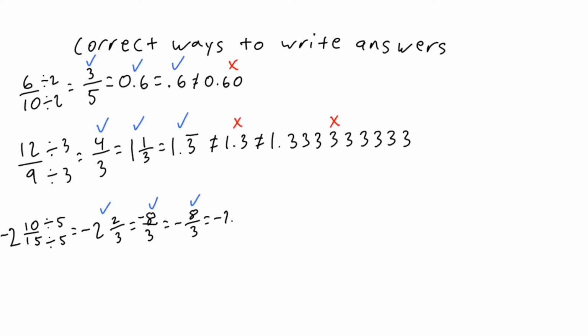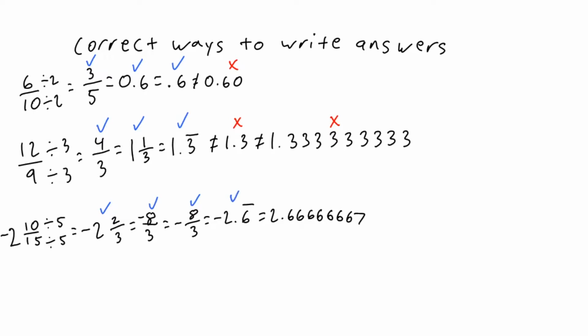So -2 and 2/3 is -2.6 repeating. Now you might say, well, my calculator says this, 2.6666667. That must not be repeating because there's a 7 at the end. Again, your calculator rounds, and you don't want to do that.